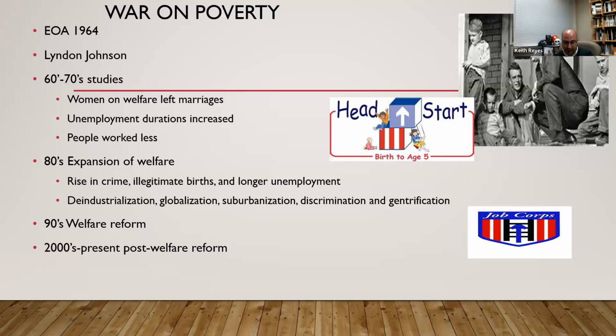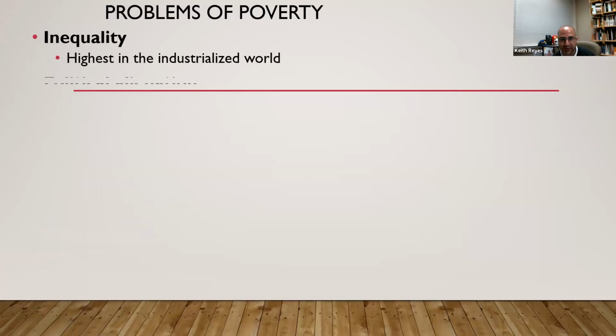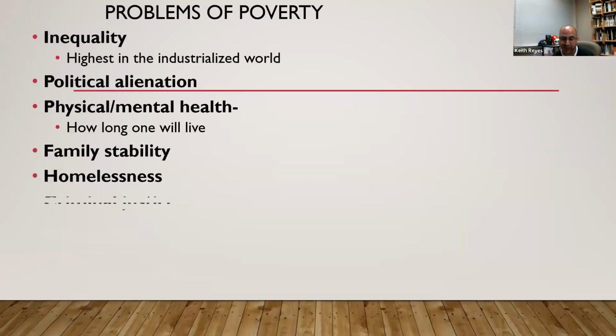Okay. Now, some of the problems of poverty, they're manifold, they're myriad, but here are just some of the consequences that I'm going to talk about that your book discusses. The first one is that we have one of the most unequal societies in the industrialized world. Our society is a highly unequal society. What that means for us is, generationally speaking, poverty has a likelihood of being transmitted from parents to children.